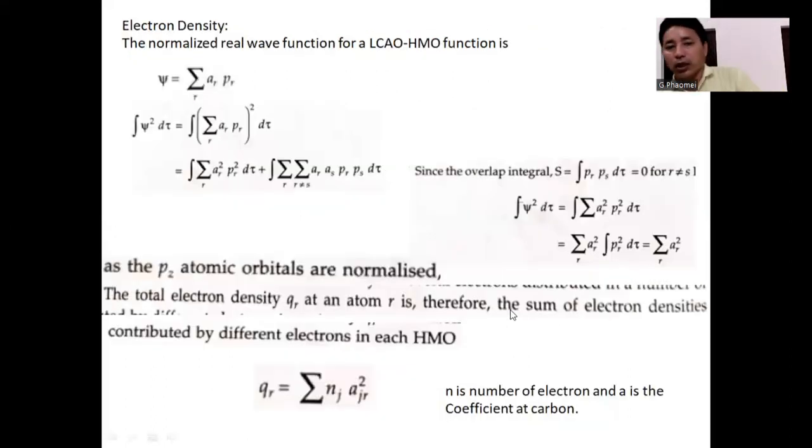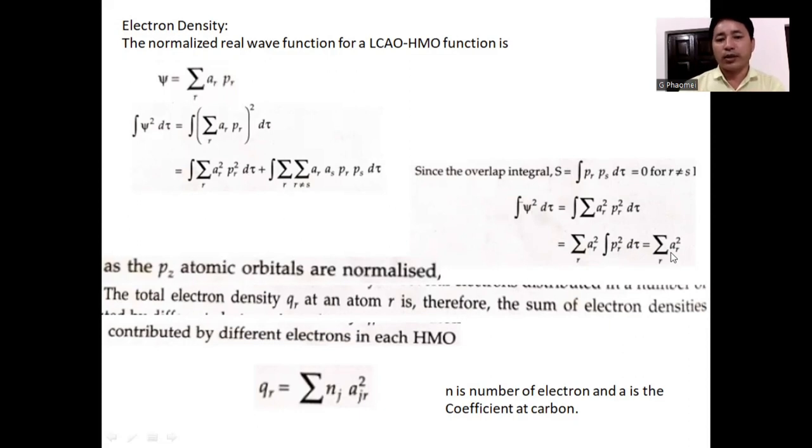And to determine the electron density, the normalized real wave functions of LCAO, that means linear combination of atomic orbitals, means HMO. If you add linearly, we can write the summation of A and P. Then we can expand it, and finally we get a summation of A squared only.